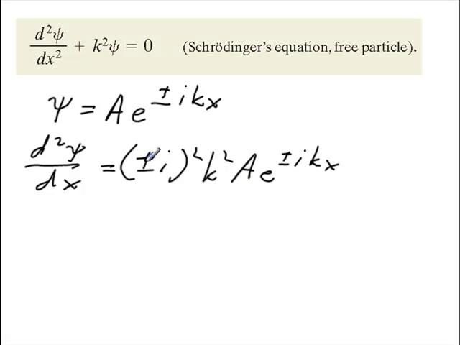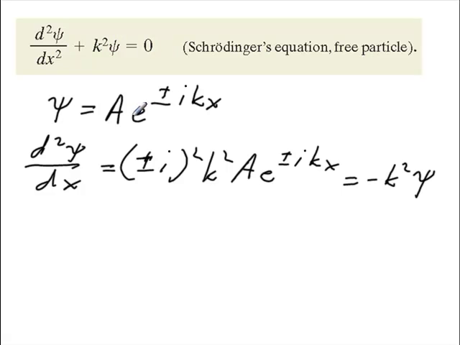Now, whether it's plus or minus, when it squares, that goes away. But the I squared is going to be negative. So this is just negative k squared times the original psi, a e to the plus or minus I kx. Which means it solves this equation. I get negative k squared psi plus k squared psi equals 0.